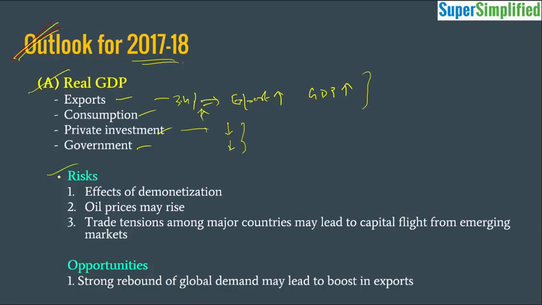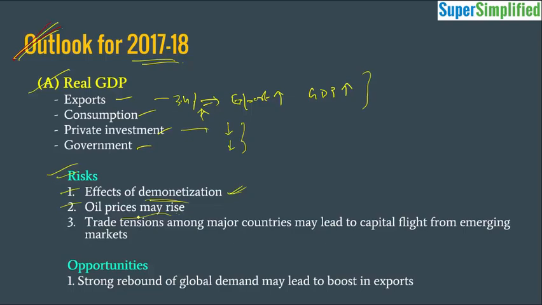Right. Now, what are the risks here? There are some risks, for example, the effects of demonetization. We don't know how internally it has affected the economy, so this is kind of uncertain. But it is now very certain that it has not impacted much negatively. The Economic Survey talks about the effects of demonetization, and oil prices are going to rise in the near future.